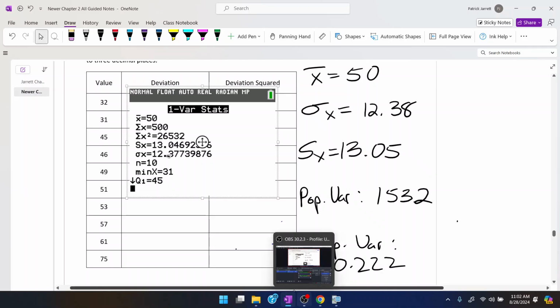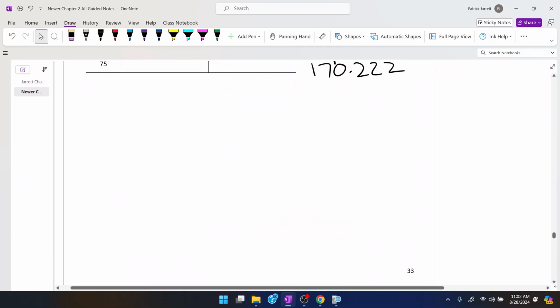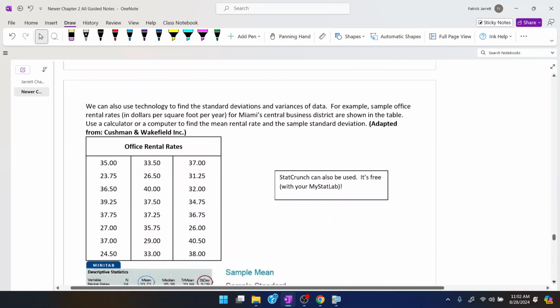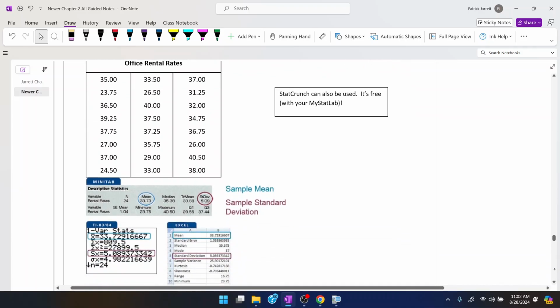Or StatCrunch. So here's the other thing with this. There are various forms of technology that can be used besides the TI-83. StatCrunch can also be used, which happens to be free with your MyLab Stat.